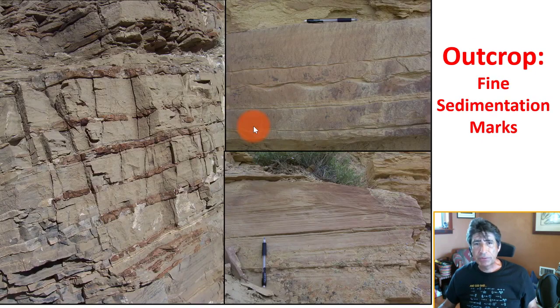And when we do a closer view of some of these outcrops in turbidite systems, either in the channels or in the crevasse plays, levees, or in the fan complexes, we are going to see the relics, the imprint of the currents of sediment as they settle at the base of their component of the system.